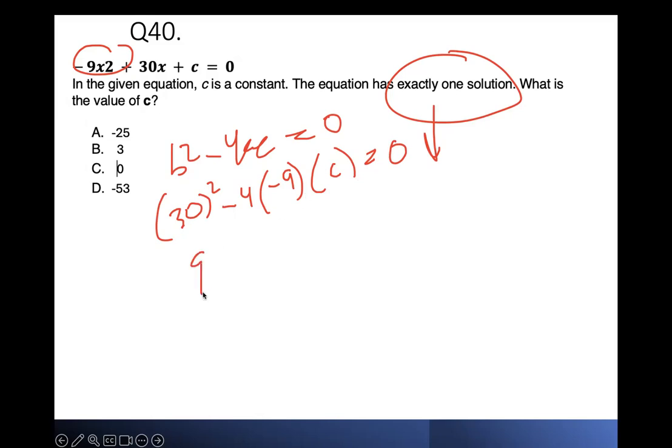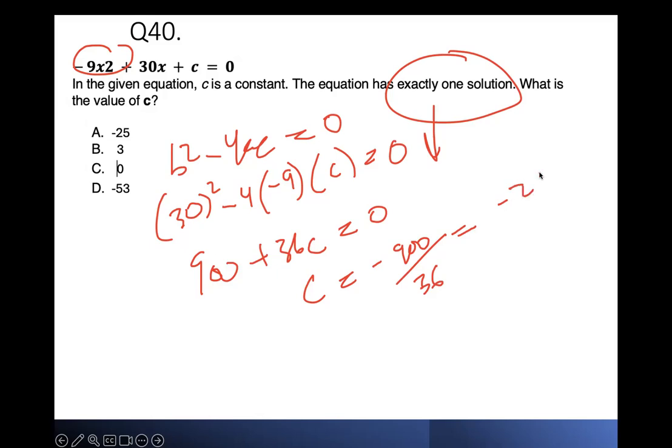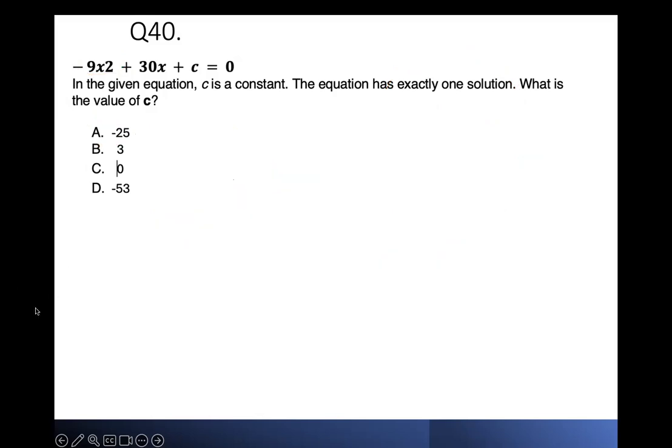This is going to give you 900, plus 36C equal to 0. C is minus 900 over 36. That's going to give you minus 25. That's your right answer right here. Based on the condition given, we're satisfying the equation.